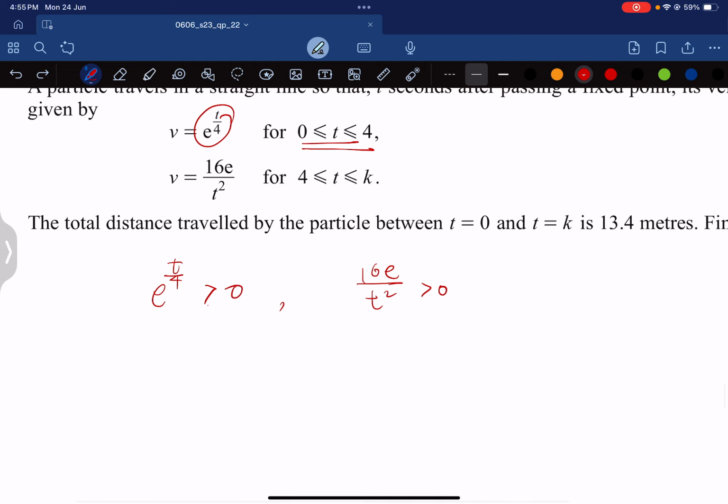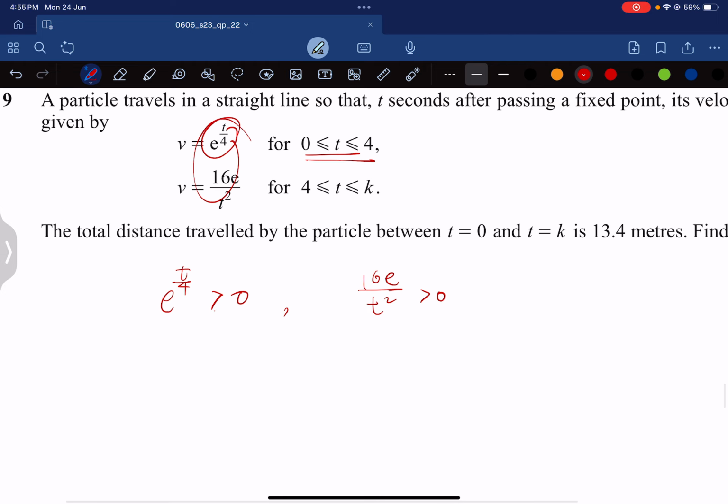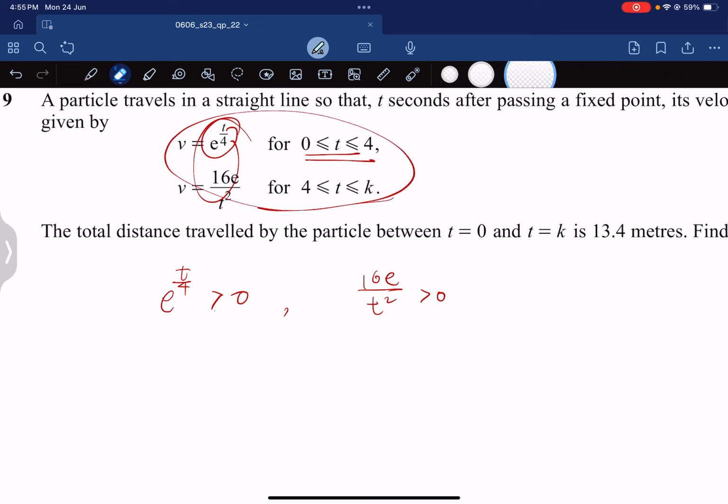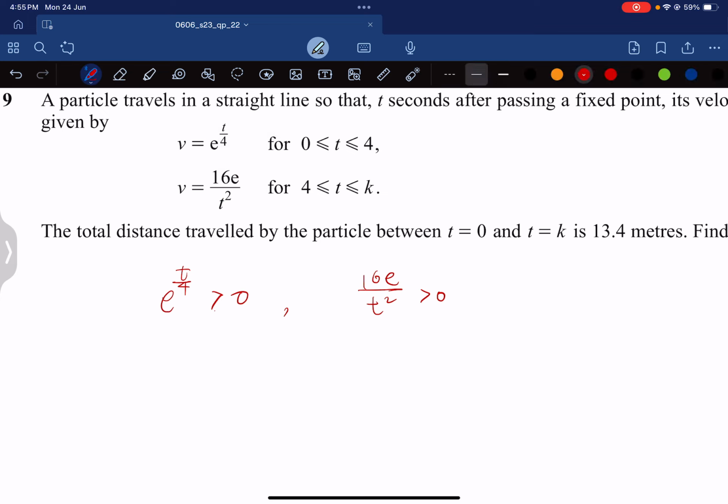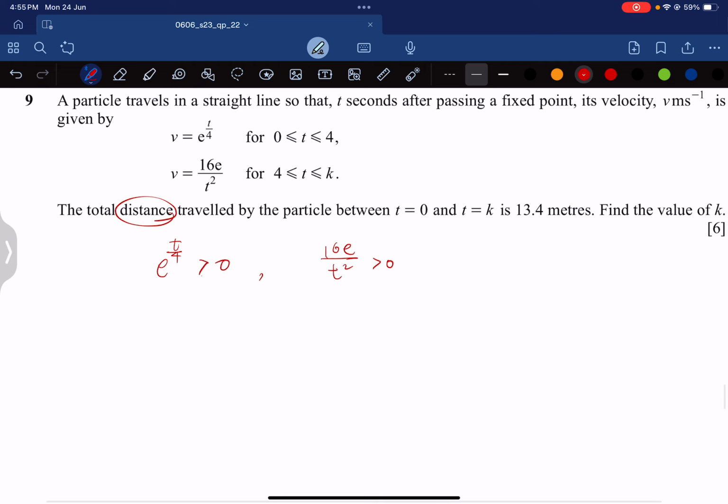So we know that velocity is always positive. That means they are always in the same direction, always going to the right. If you define left as positive, then it's always going to the left. It never changes direction.